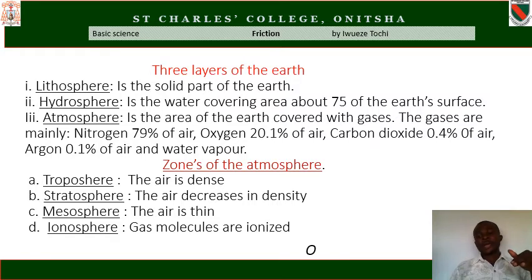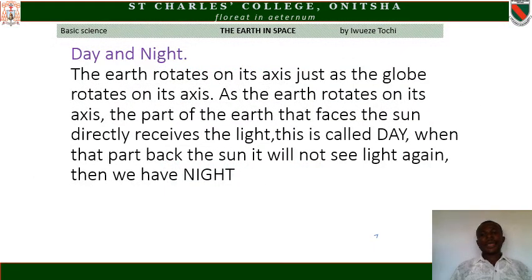So, the more you go from troposphere to stratosphere and mesosphere, the lesser the density of the air within that zone. Then the ionosphere, the gas molecules are being ionized.